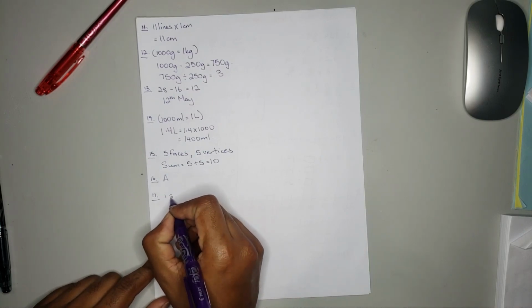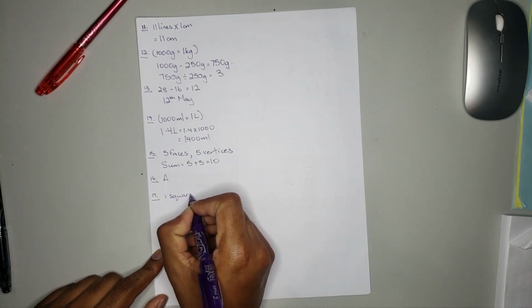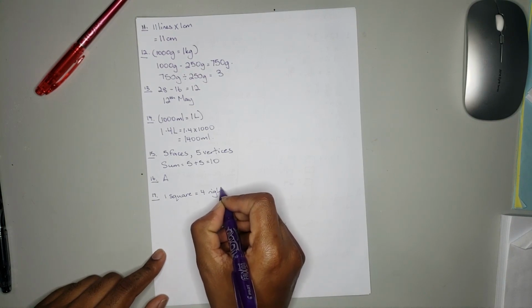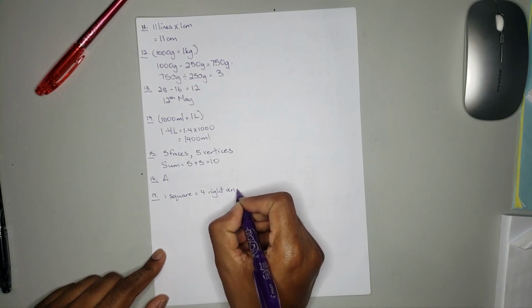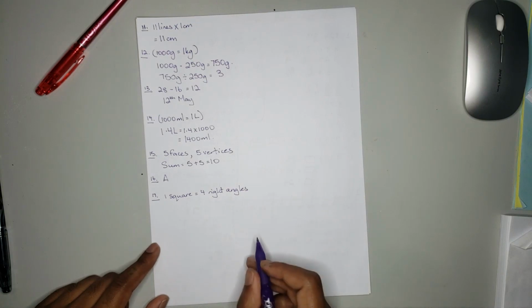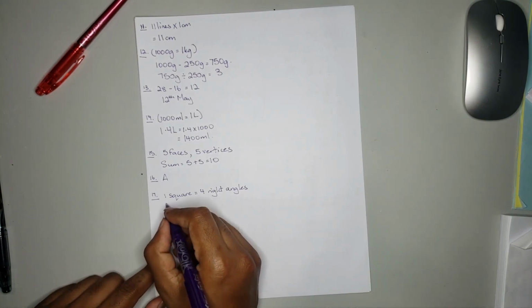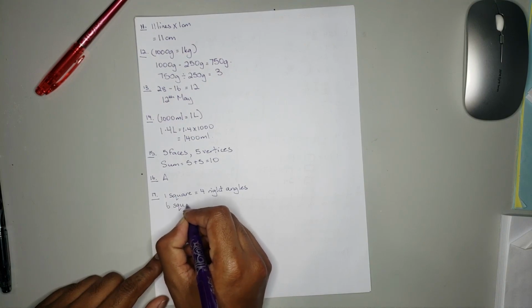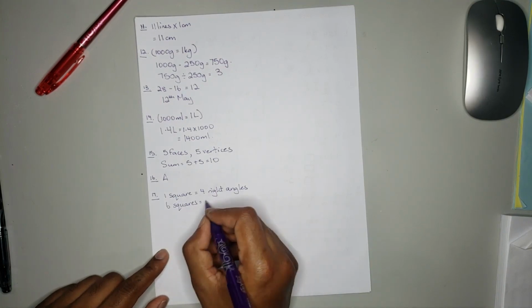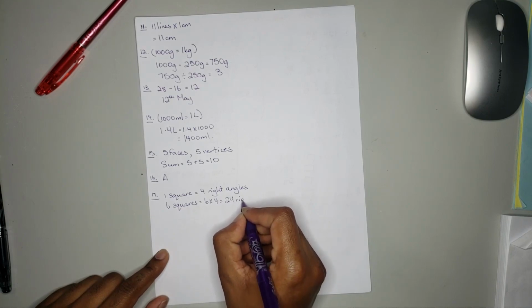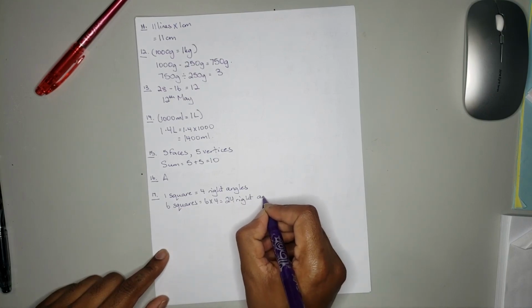So 1 square equals 4 right angles. And there are 6 squares forming a cube. So 6 squares is equal to 6 multiplied by 4, which is equal to 24 right angles.